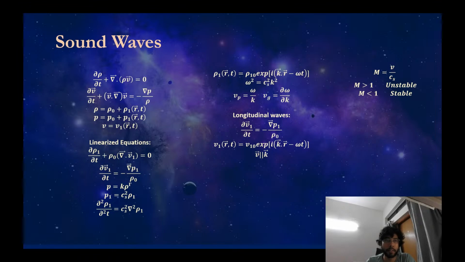Okay. So that's what it says: any perturbation that you introduce in the fluid will travel at the speed of sound, from one part to another. What does it physically mean? That's what we're trying to understand.